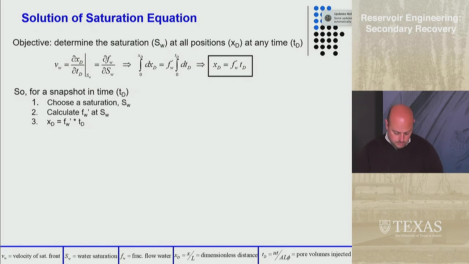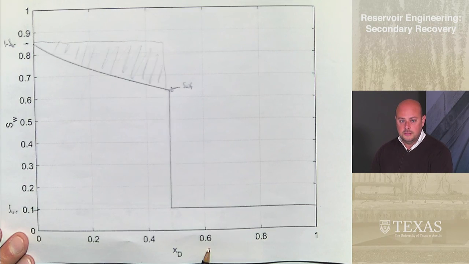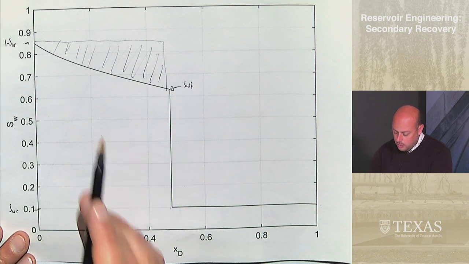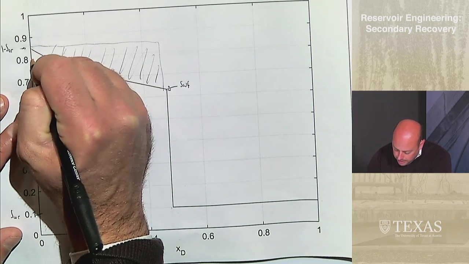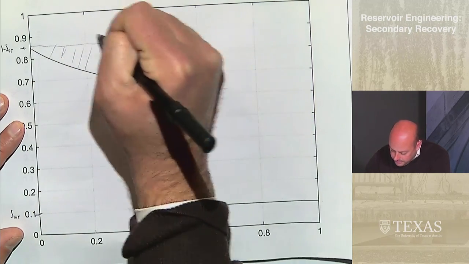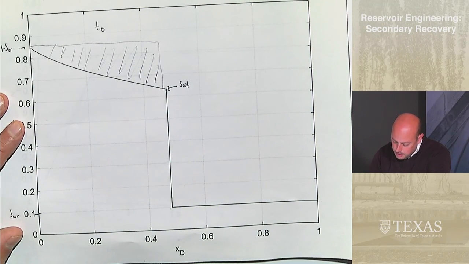So if I go back to my plot here, this is SW versus distance. I'm trying to create this plot here. So what I would do is choose a saturation like 0.8, and this is at a given time, obviously, so some time tD I've chosen.